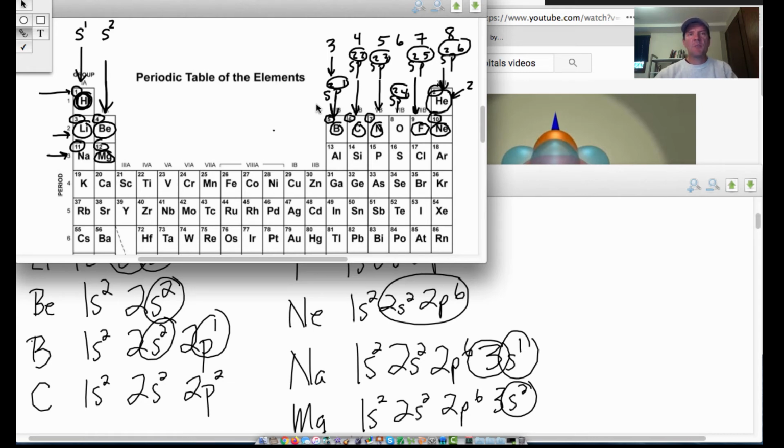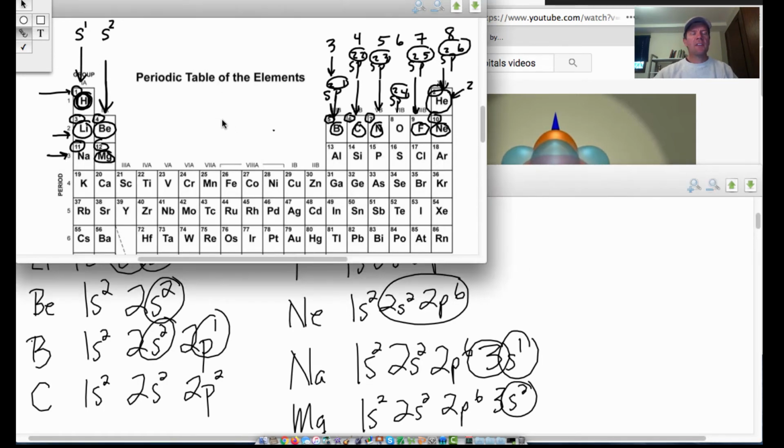If they have the same number of valence electrons, when they start to interact with other atoms and other elements, they're going to react in a similar way, because it's those valence electrons that are part of the bonding and the reaction, which we'll talk about in the future. Okay? So if they have the same number of valence electrons, they're going to have the same or similar electron configuration, and they're going to have similar physical and chemical properties. Pretty cool. Okay?